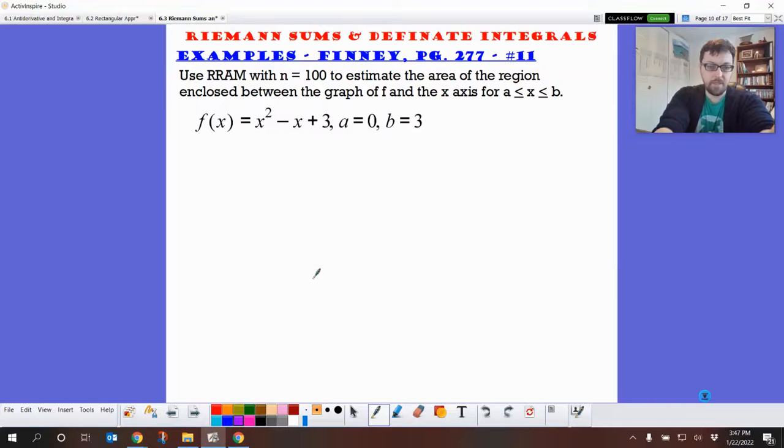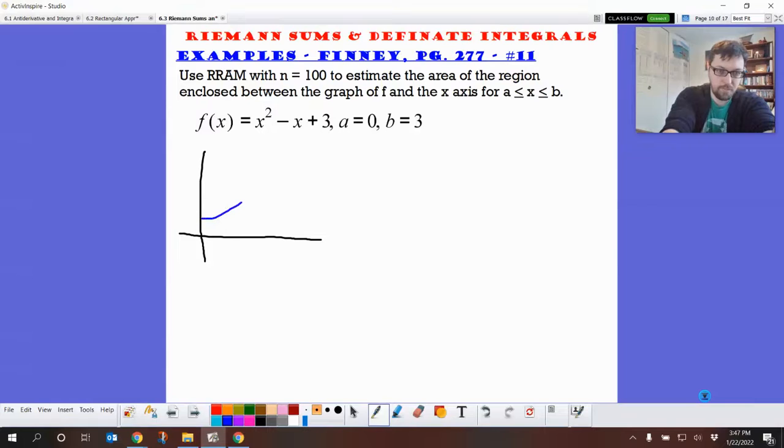So if I just made a rough graph of this thing, just so I can visualize what's going on. Here we go. Got a little curve. And we're going from 0 to 3. So this is our 0, and then we're going to head to 3. Neat.